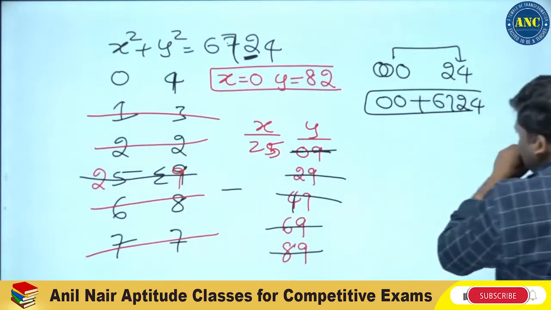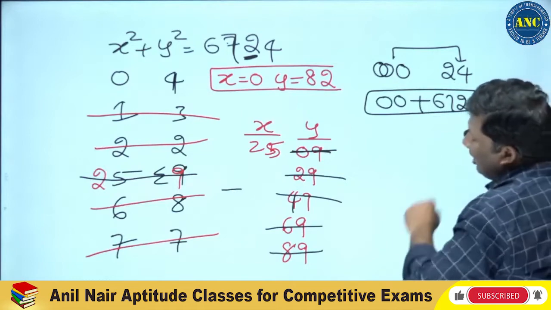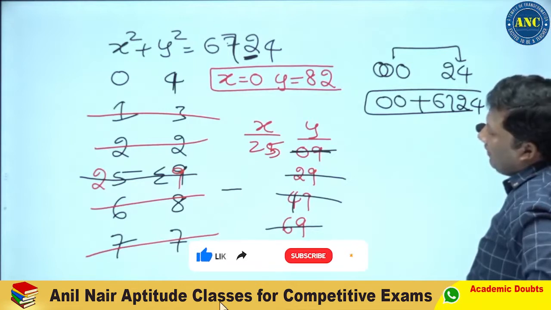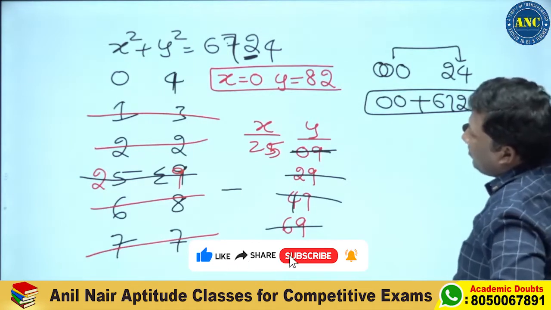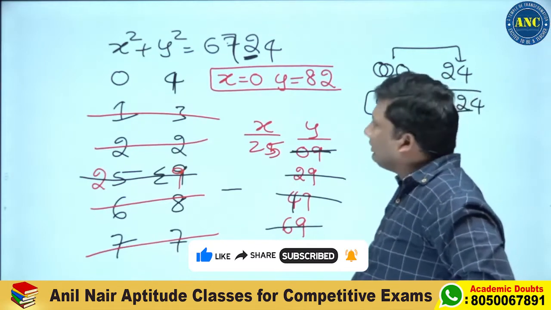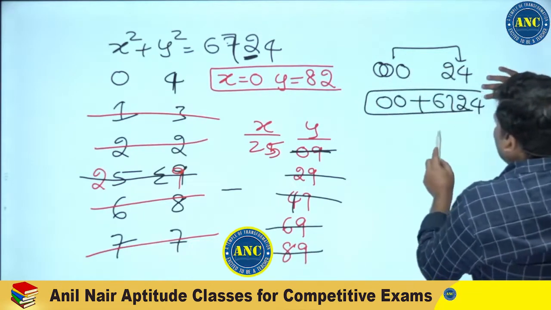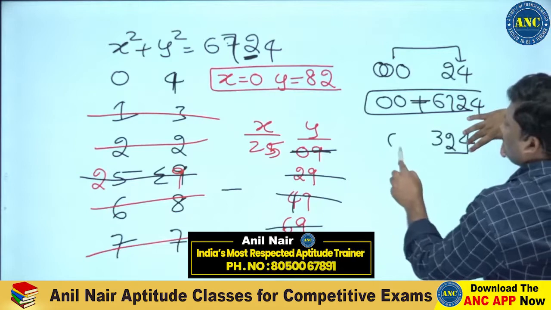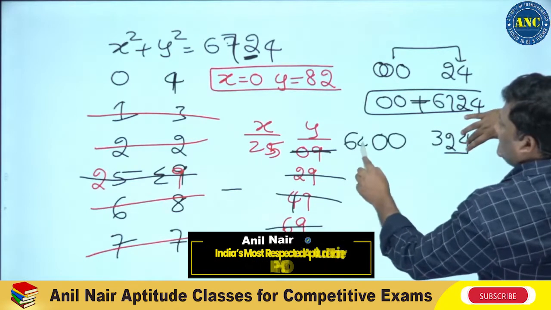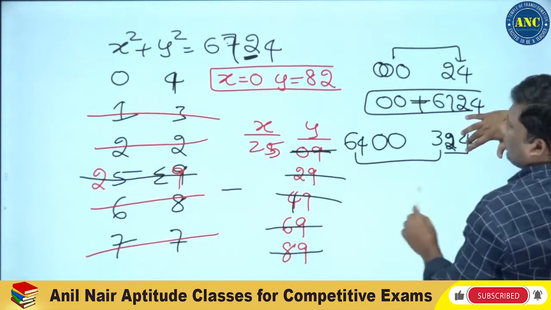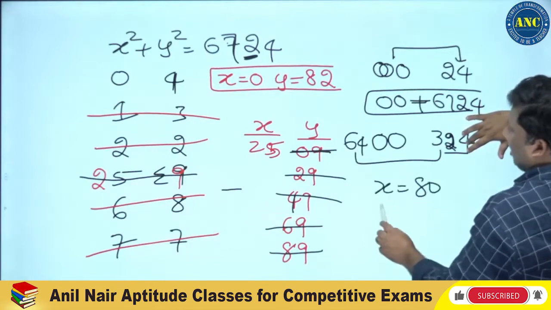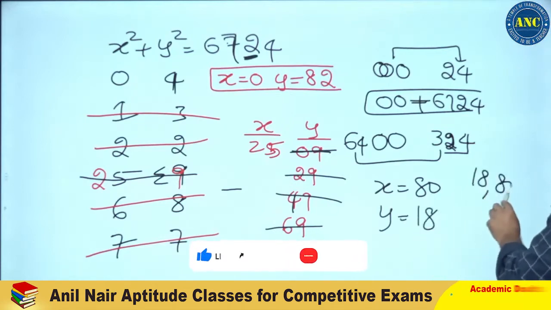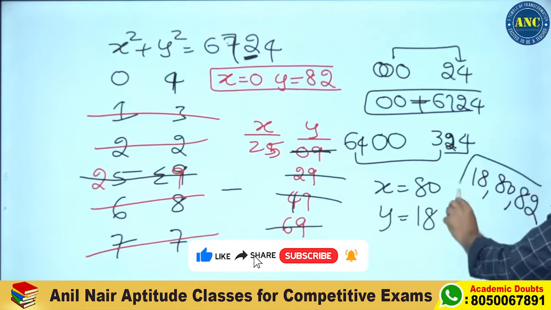Any other cases? 24 we have not taken. 18 square is 324. If it is 324, the last two digits 24 and 00 will become 64. Yes, this case is possible. That means x value 80 and y value 18, with hypotenuse 82. This is the only value that will be possible.